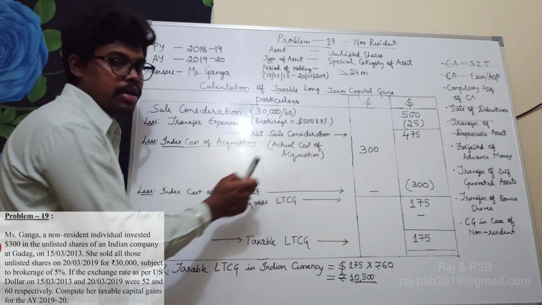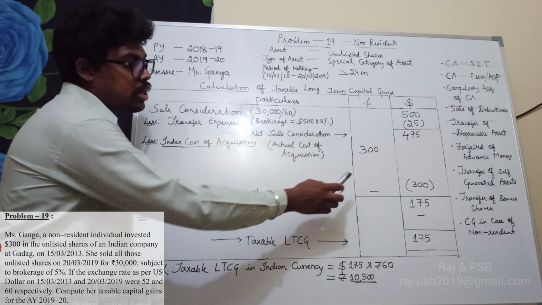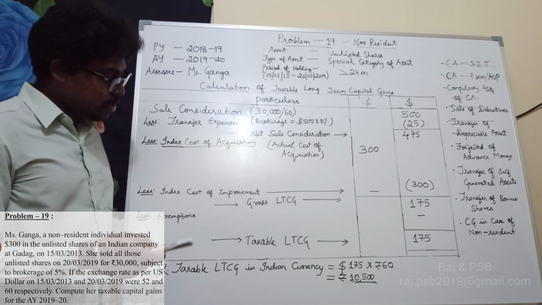So 300 will be taken. There is no index cost of improvement, so it is nil. So directly we are deducting 300 from 475.